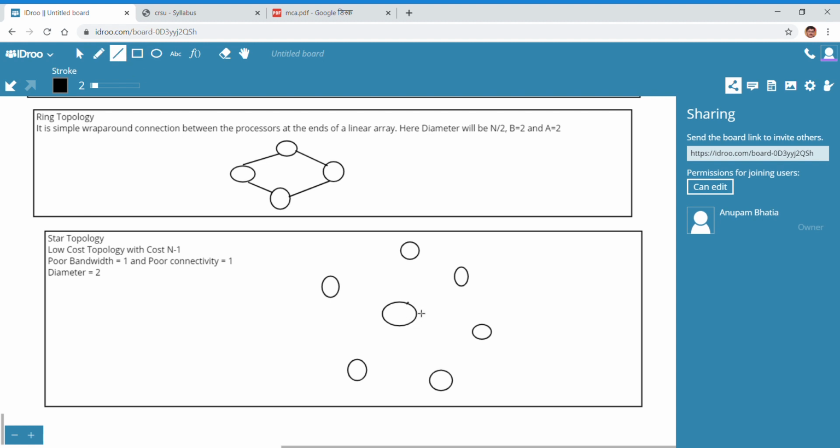So one node is connected directly with all the rest. The maximum path length is 2 to reach from one node to another, and disconnection of only one arc, or one connection only, can divide this network into two different parts.